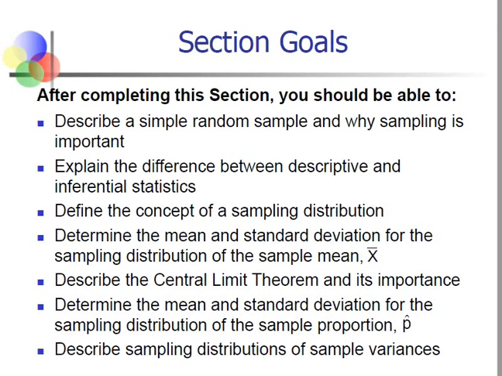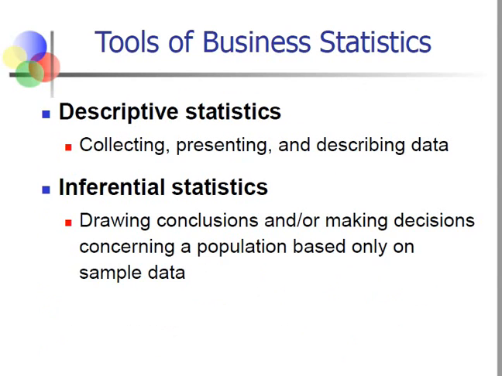You should also be able to describe the central limit theorem and its importance. Then you should be able to deal with the sampling distribution of sample proportions and sampling distributions of sample variances.